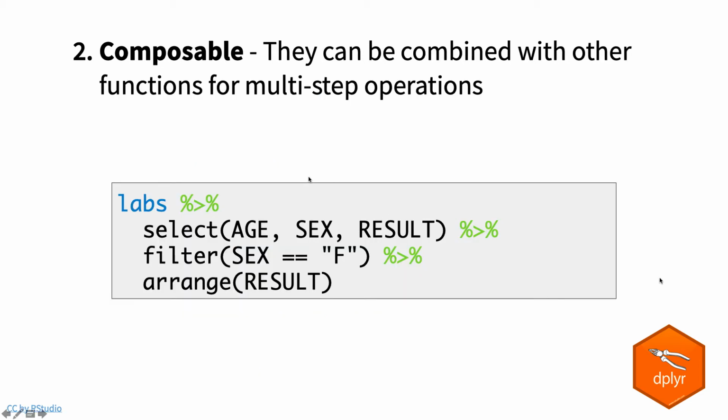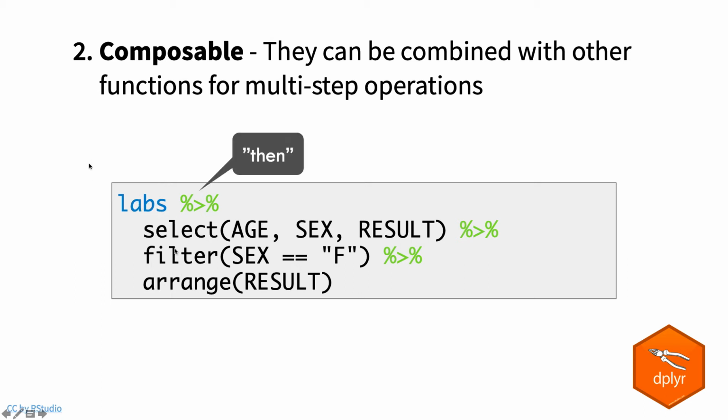dplyr allows you to compose these atomic functions into a pipeline with the pipe operator. The pipe operator, written as percent, greater than, percent, allows you to create pipelines like the one I'm showing here. And this is actual real R, Tidyverse R code.